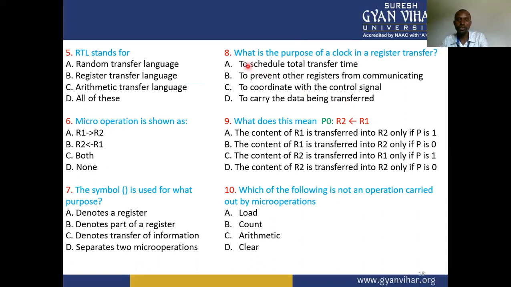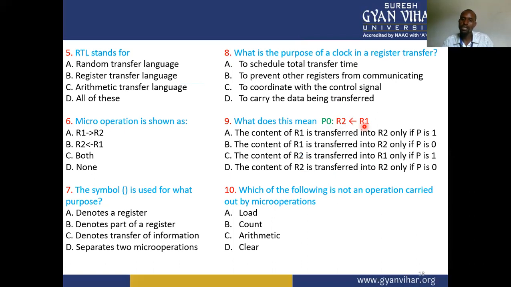Now, the next question we are going to look at is, what does this mean? P: R2 ← R1. We say that transfer can only take place if P is 1.